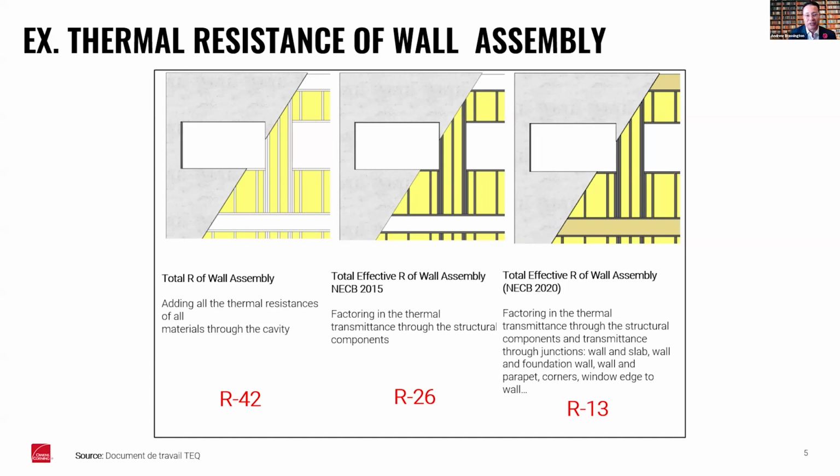Manitoba did for sure. Now we're looking at the effective R value for the whole wall assembly, and at different junctions as well: not just the studs, but around the windows, the top of the wall, and the bottom of the wall.